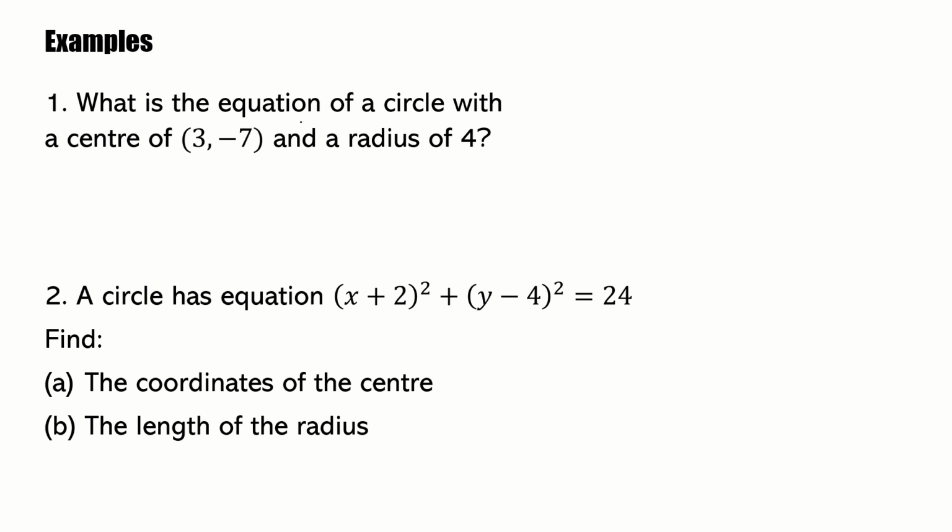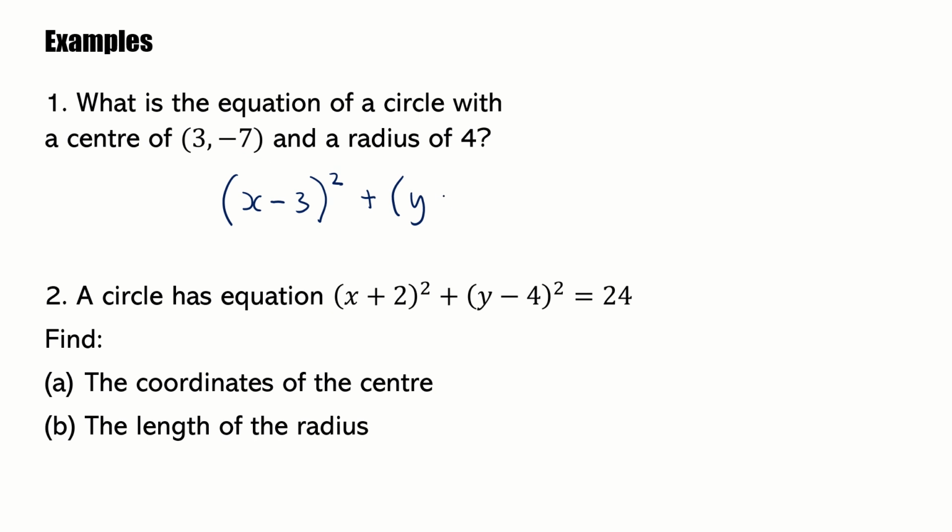For instance, what is the equation of a circle with a center of 3, minus 7 and a radius of 4? Well, straight away we can just jump to writing the equation because it's going to be x take away 3, so a coordinate of positive 3 for the x, but then remember it's minus 1 what you see in the coordinates that's appearing inside the equation of the circle. And then also for the y, it's a y coordinate of minus 7.